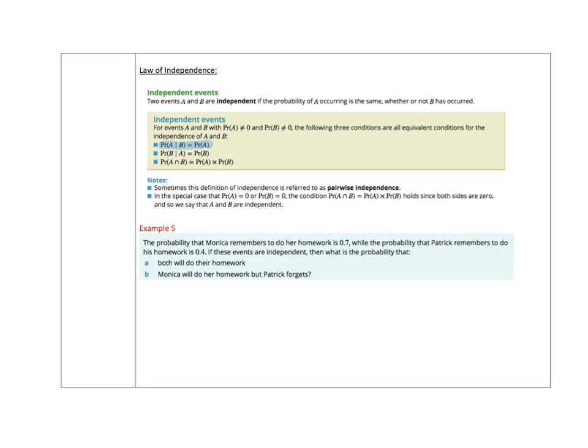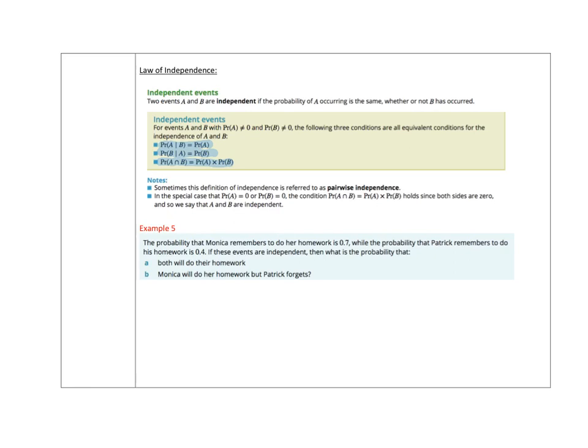It's still 50%. So if we can prove that the probability of A given B is equal to the probability of A, and if we can also prove that the probability of B given A is equal to the probability of B, then it's true that the probability of A intersection B will be equal to the probability of A times the probability of B.